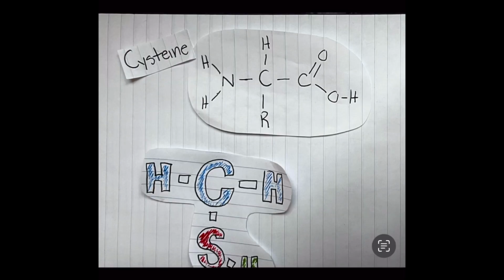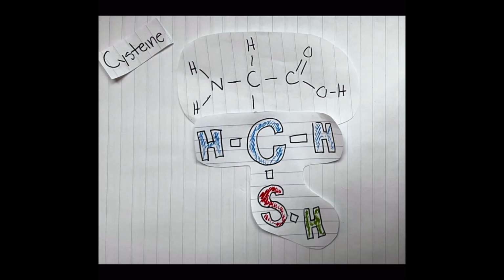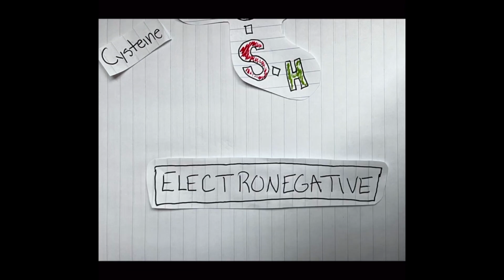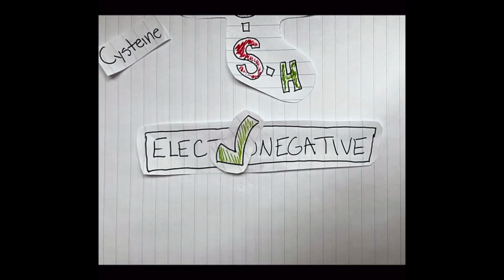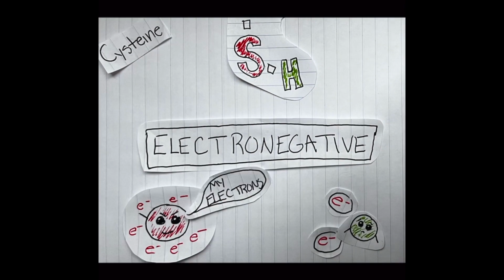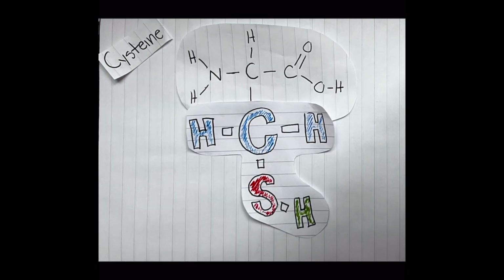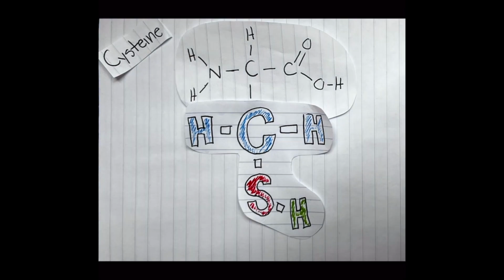Cysteine, however, is another story. Cysteine's R group is a chain of carbon with 2 hydrogens, bonded with a sulfur and another hydrogen. In contrast to the hydrogen, sulfur is very electronegative, meaning that it pulls electrons towards itself through the bonds. This means the hydrogen electrons are being partially pulled away by the sulfur. The R group is polar because of this.